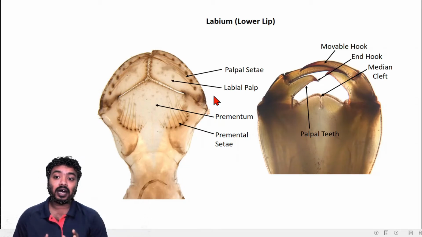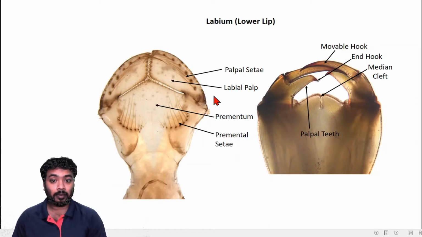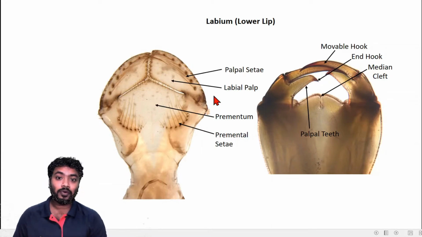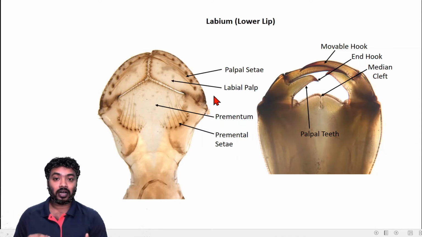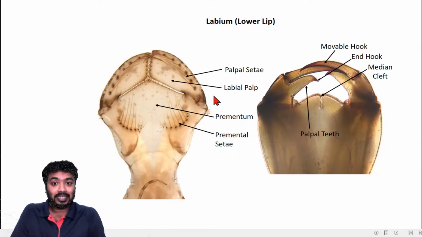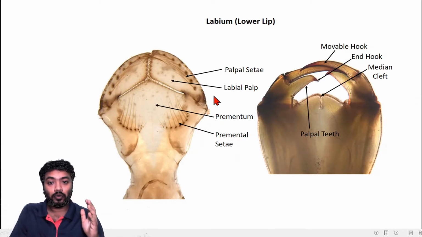So the keys are made based upon that number of setae. If you are examining a very immature larva or an earlier stage larva, you may not see the same number of setae that the final stage is going to have. So be careful with the number of setae.